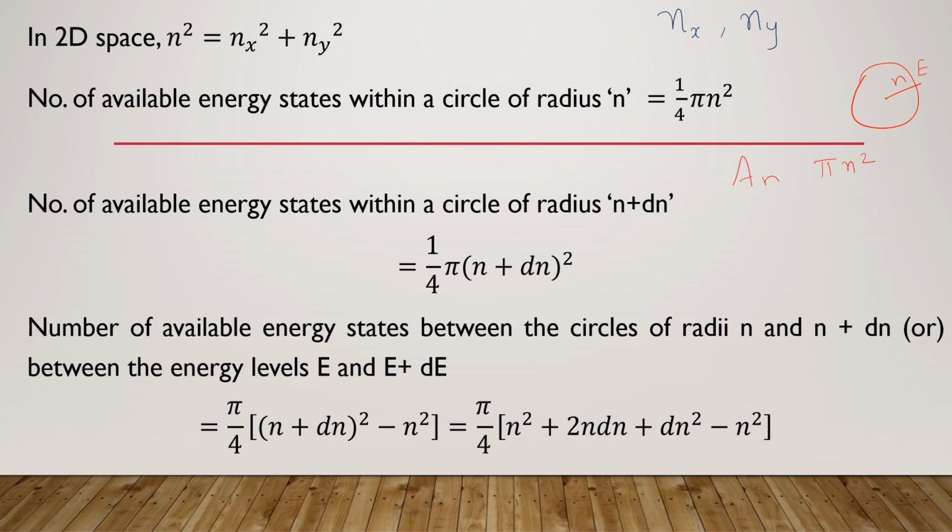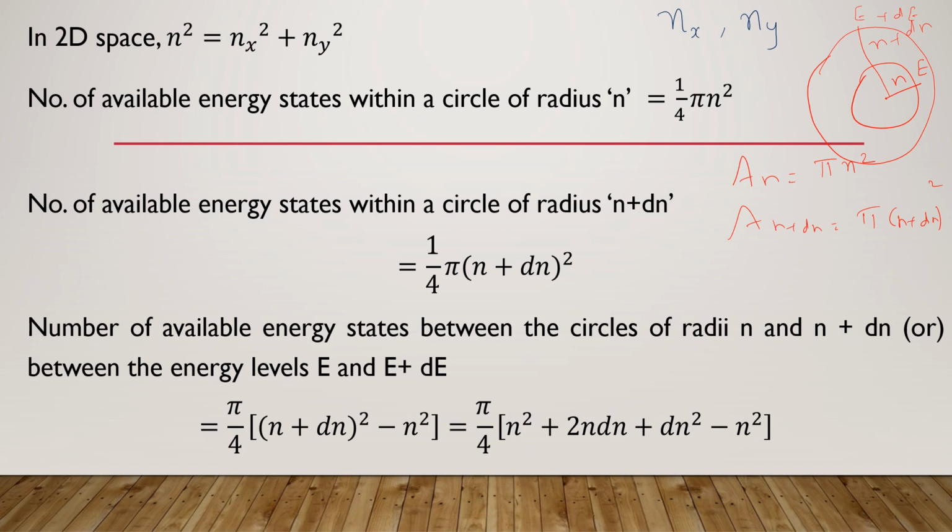And for the second circle with radius n plus dn and energy E plus dE, it is pi times n plus dn the whole square.